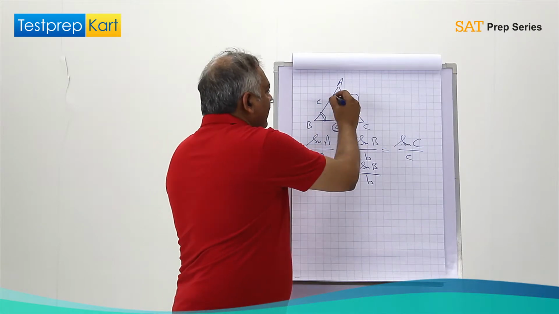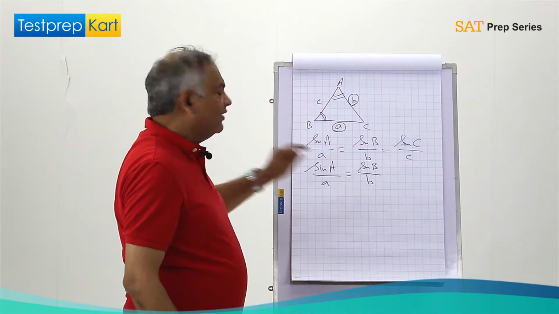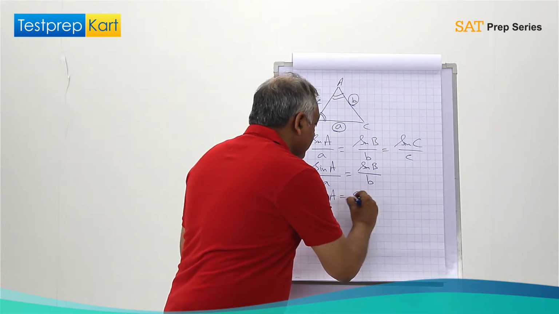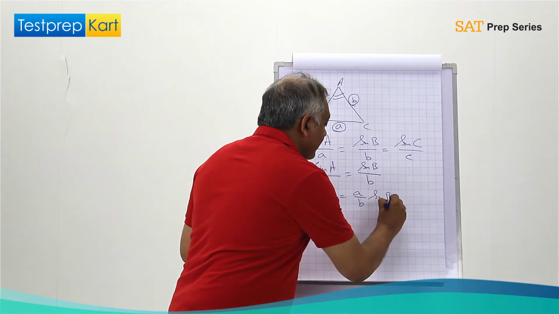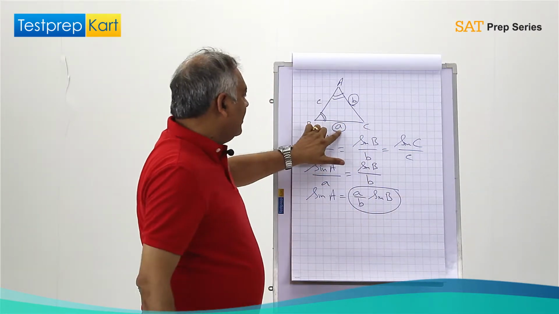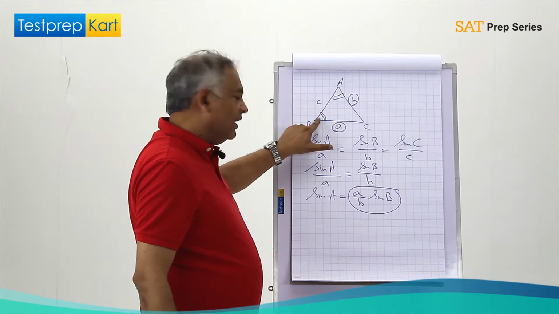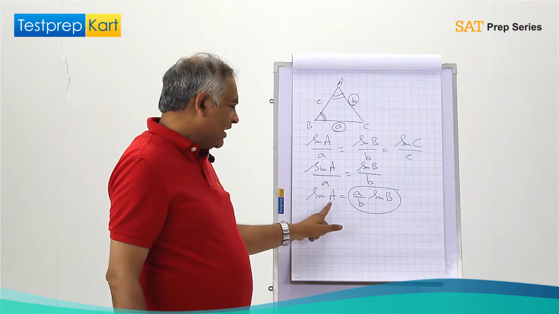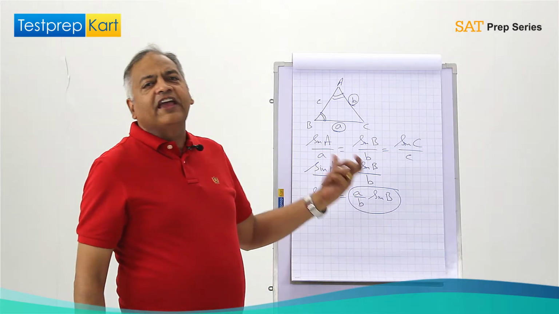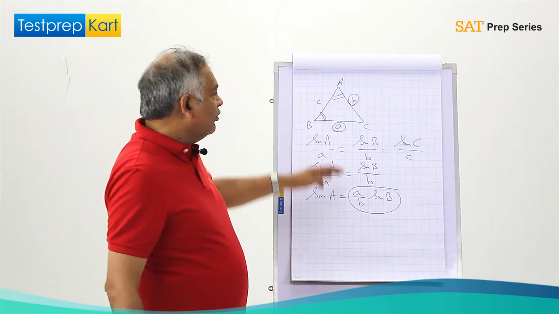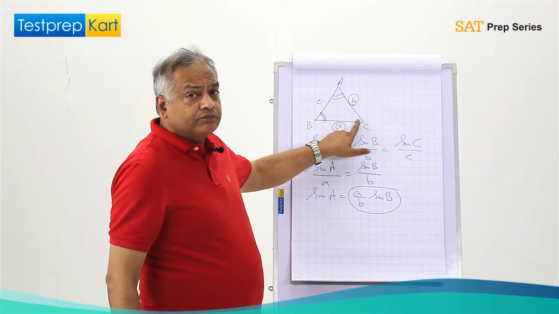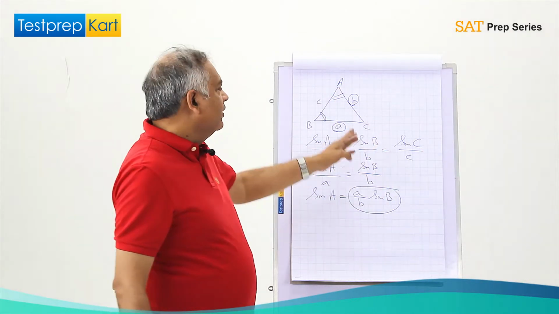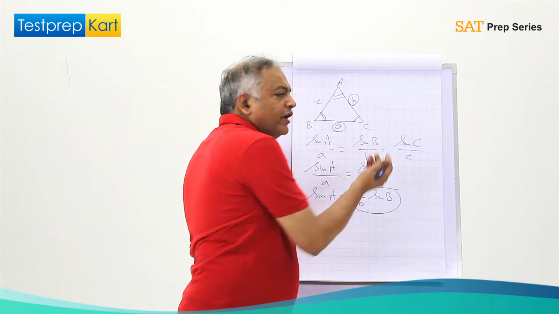I don't know what is angle A. So in order to find angle A, I'll find sine A is equal to a upon b times sine B. All the three quantities, that is a, b and the angle capital B, are known, and therefore you can find A. Sine A will be some value, A will be sine inverse of that particular value. Then once you know A, what about C? Because the sum of the angles of this triangle is 180 degrees, it's easy to calculate C without using any formula.